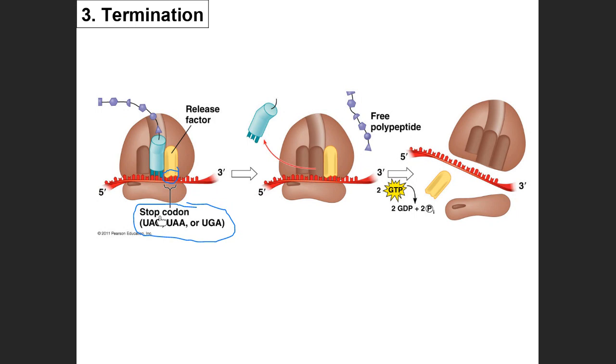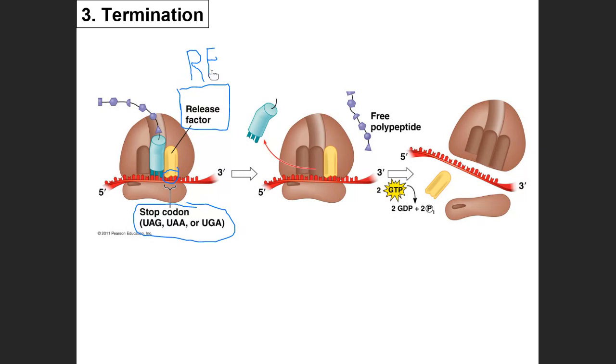First of all, there are no transfer RNAs with an anticodon that complements any of these stop codons. So that ensures that no more tRNAs transfer any more amino acids. Second, there is a protein called release factor. It very popularly in the sciences goes by RF.